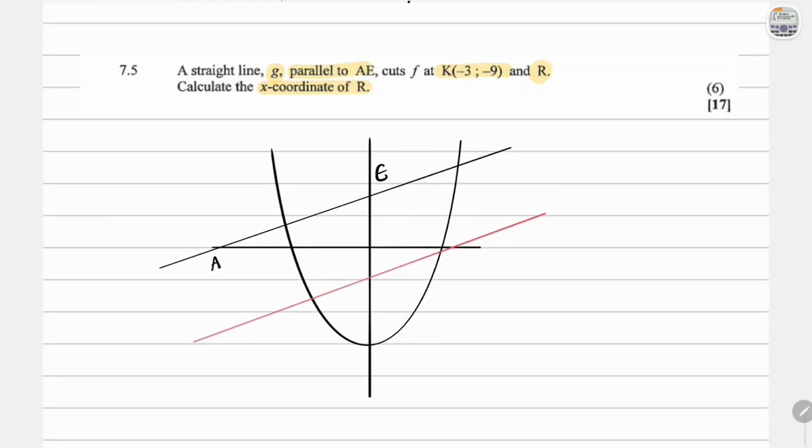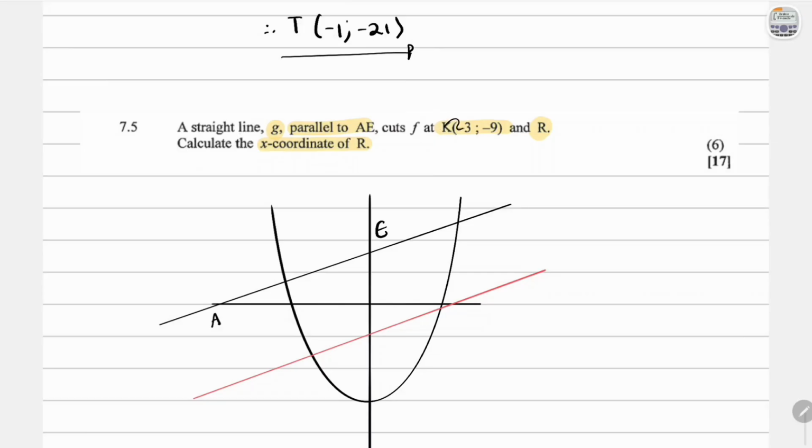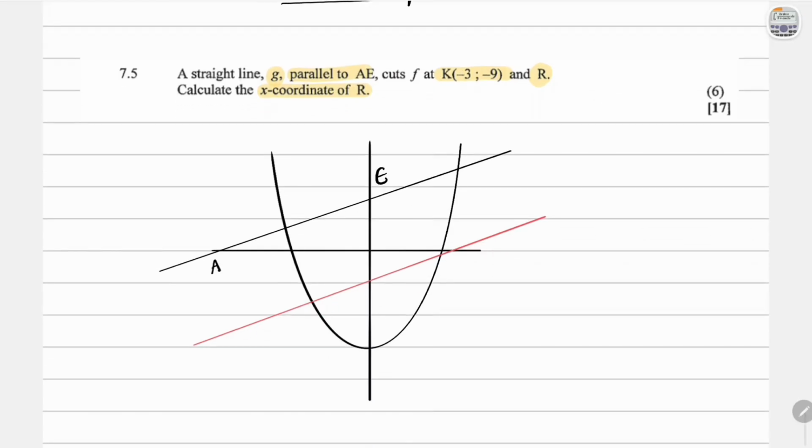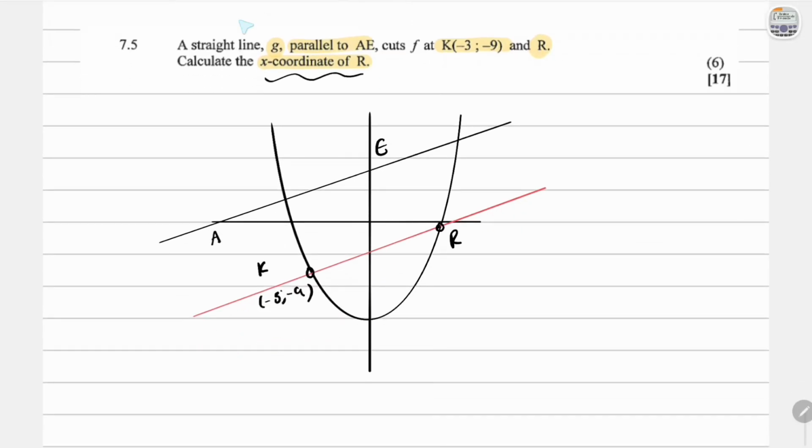What they say is that it cuts the parabola f at K, which is (-3, -9), and at R. And they just want us to find the x coordinate of R. So in other words, this is the point of intersection between this new line and the parabola. So if we find the equation of this line, we can simply equate it with the equation of the parabola to find the points of intersection. And we'll just choose R's point of intersection, specifically the x value.